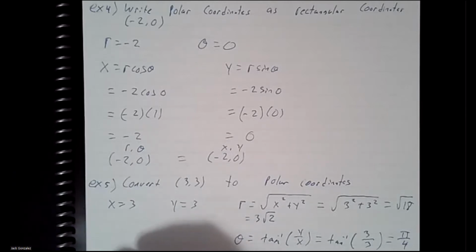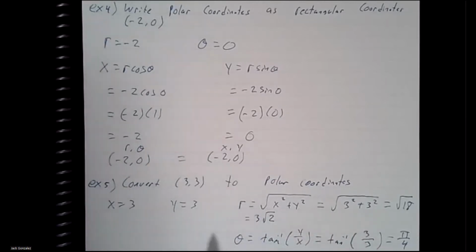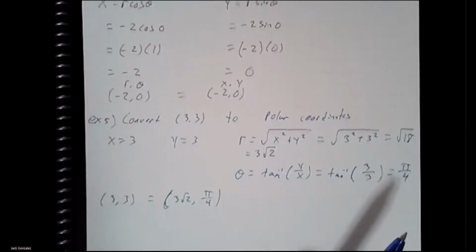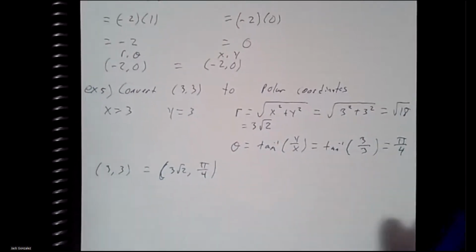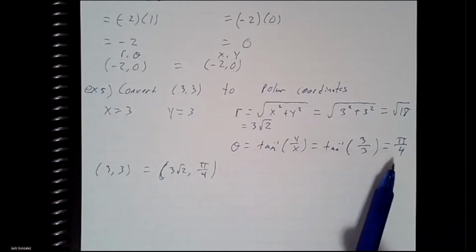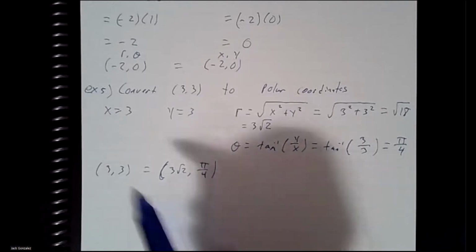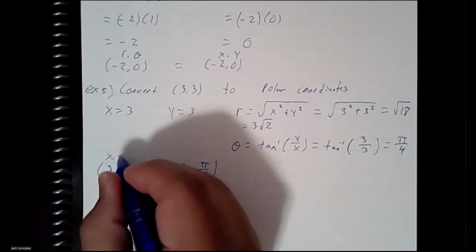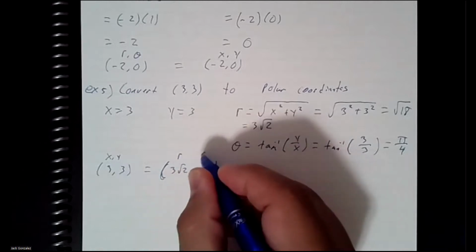So the point 3 comma 3 is equal to 3 root 2 comma pi over 4. So you got to use the r formula to find the radius, then you need to use the theta formula to find the angle, and that's it. You got x, y going to r, theta.